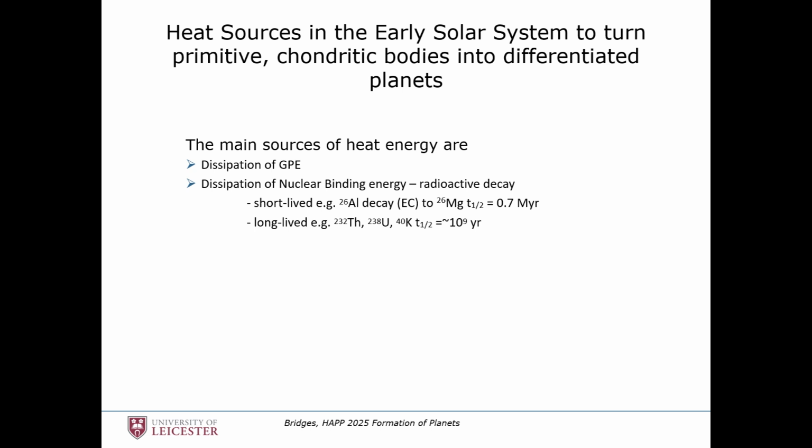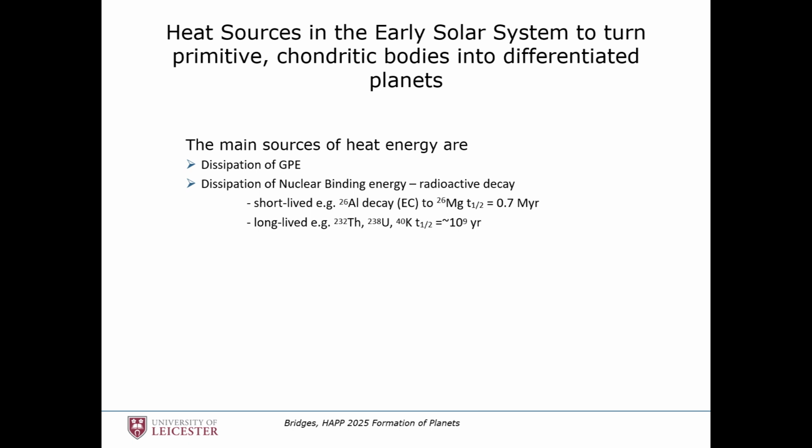Well, the main sources of the heat energy have really got to be dissipation of gravitational potential energy, think of an accreting planet as material is accreting from distance, and dissipation of nuclear binding energy. In particular, for today, the decay of the short-lived isotopes like aluminium-26.